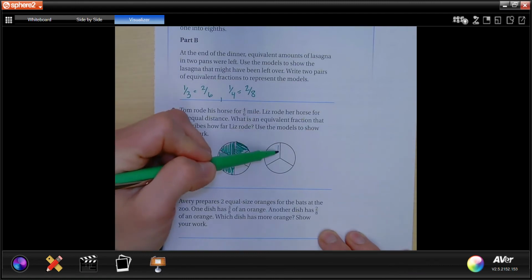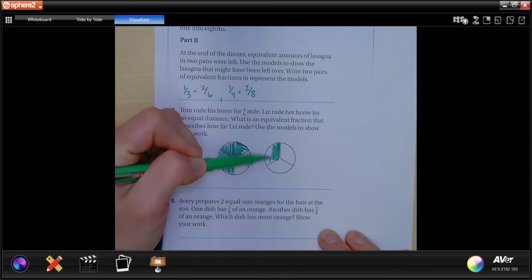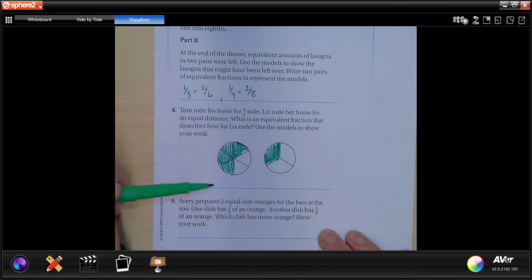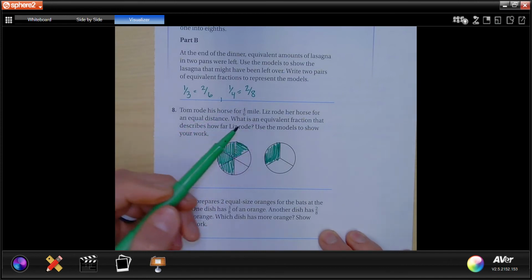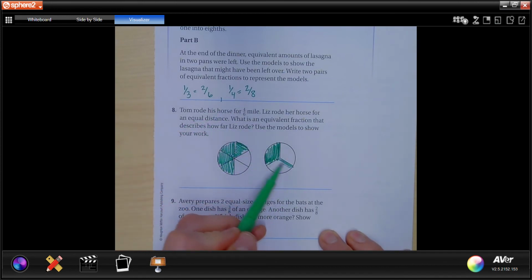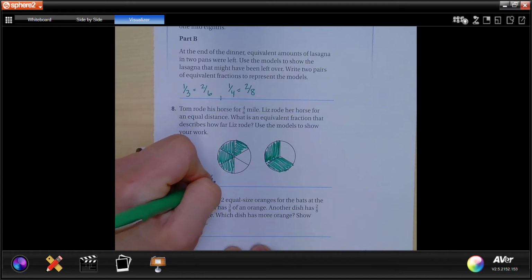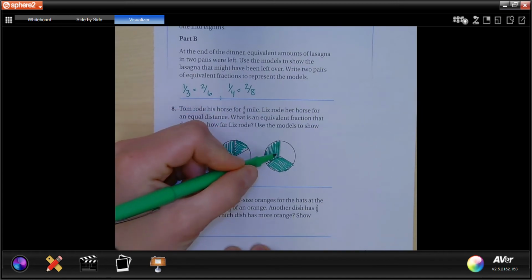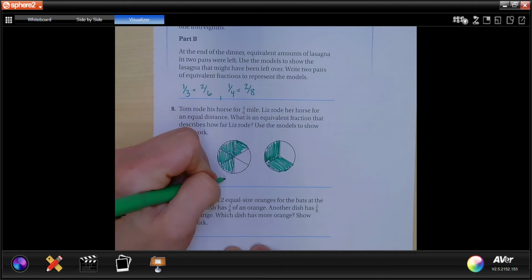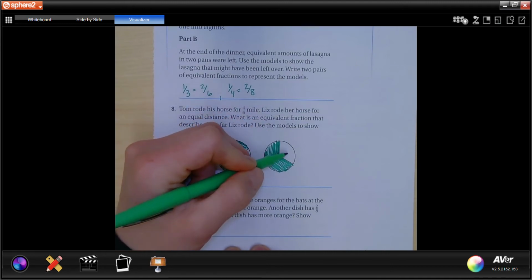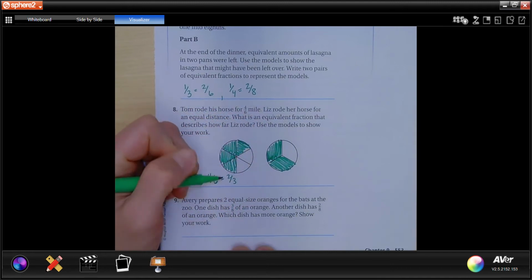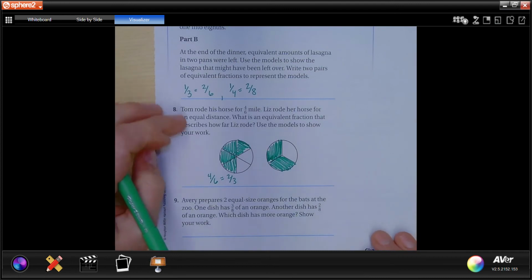Let's see. If we color in 1/3, is that equivalent? No. If we color in 2, is that equivalent? Yes. So we know that 4/6 is equal to, how many are colored? 2 out of how many altogether? 1, 2, 3. 2/3. 4/6 is equal to 2/3.